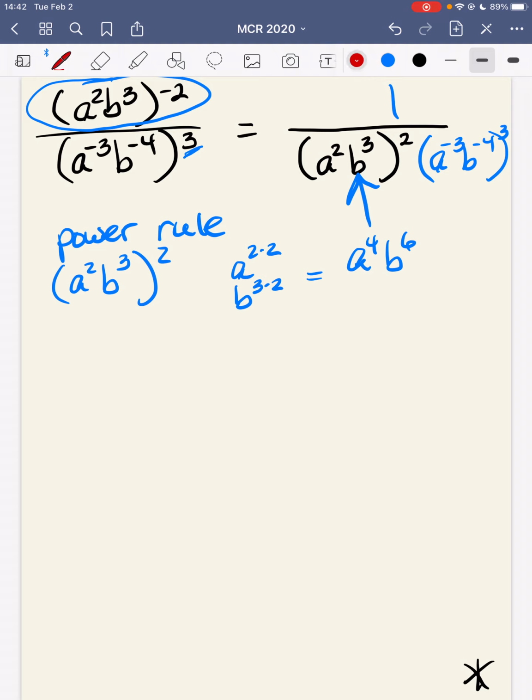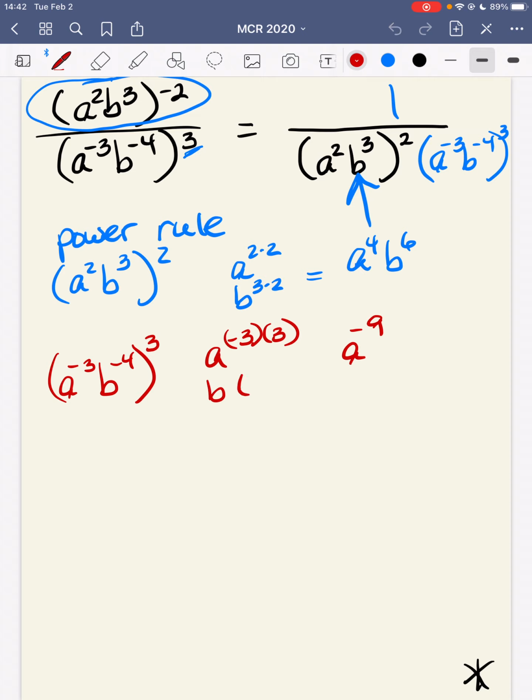The second piece, I got a to the negative 3, b to the negative 4, to the positive 3, which means I have a to the negative 3 times 3, which is a to the negative 9, and I have b to the negative 4 times 3, which is b to the negative 12.